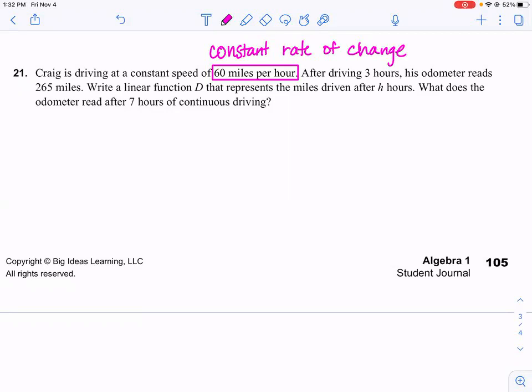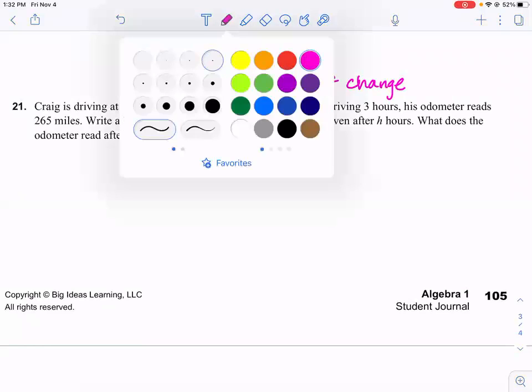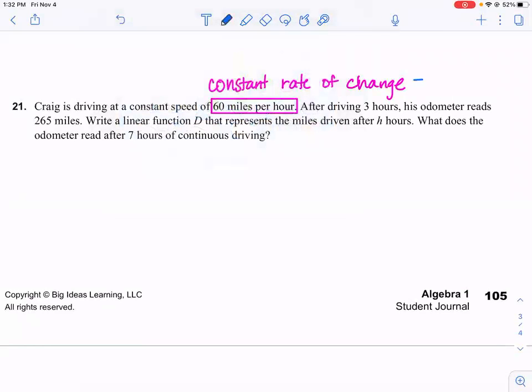Along with 2 arrows. Linear function, a continuous line. Didn't hear it.